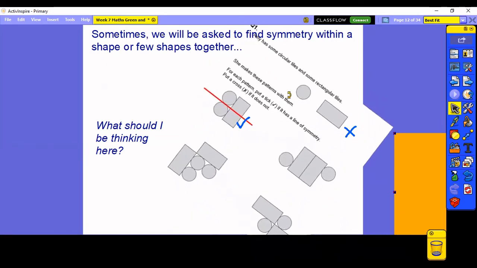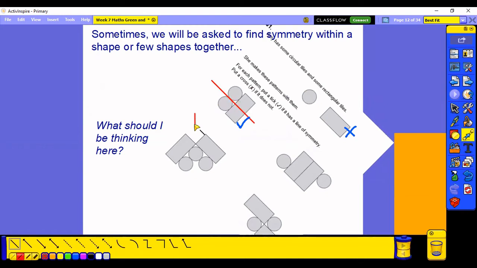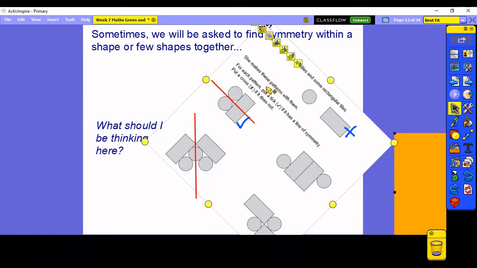Okay, and as I do, I think probably some of you can start to see where if I go down my shape vertically and cut that central circular tile in half, I can get a line of symmetry in there, and I know that I've got a symmetrical pattern if there's a line of symmetry that I can make there. So there we go, I've turned it around. That helped me establish for me a line of symmetry.